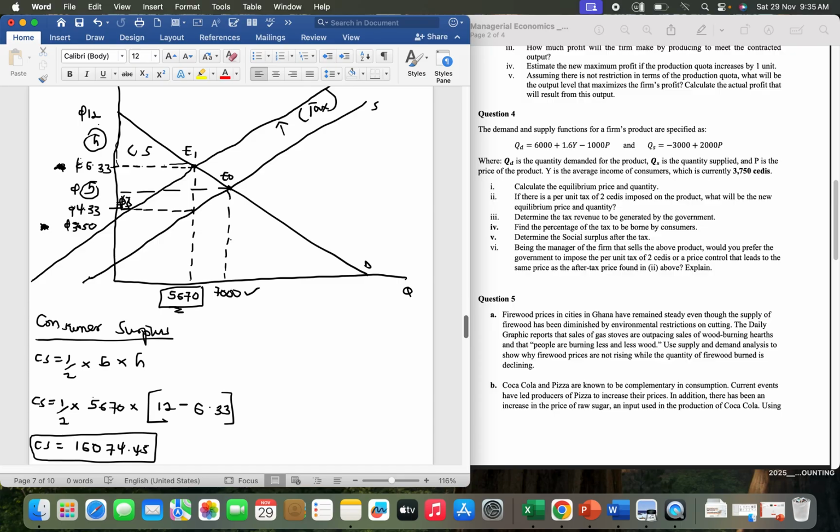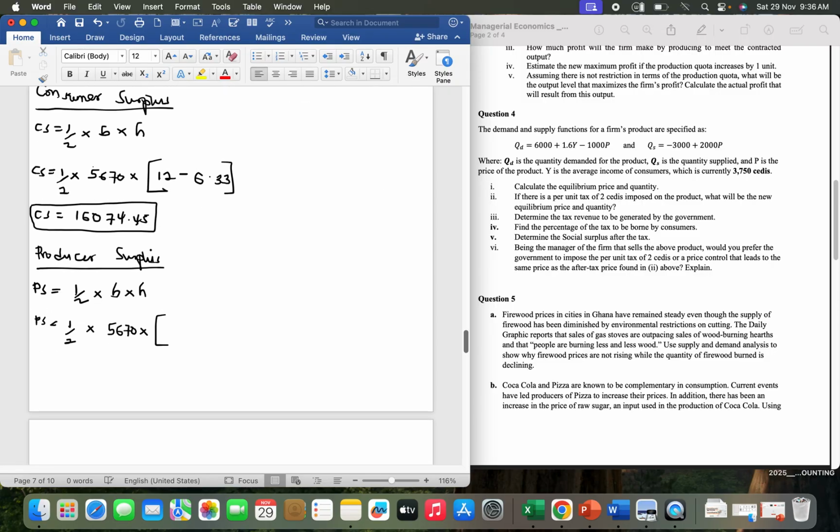So in getting the height, we will subtract 3.50 from what? 6.33, because this point here is where we are dealing with our tax, after tax. So this is consumer, this place is producer. If I want to find the height in this middle, we already know this to be the equilibrium price.